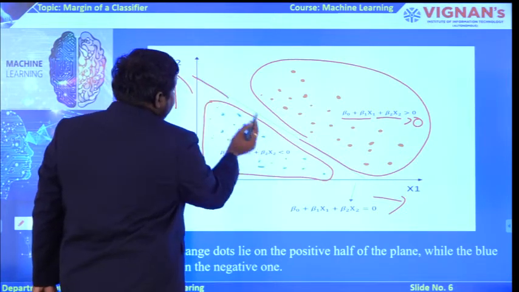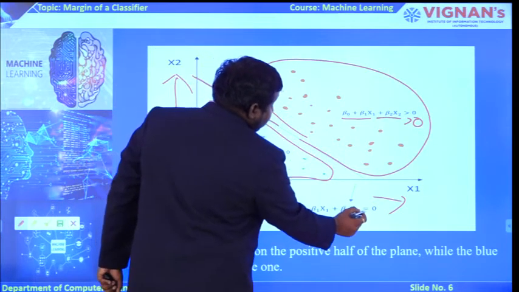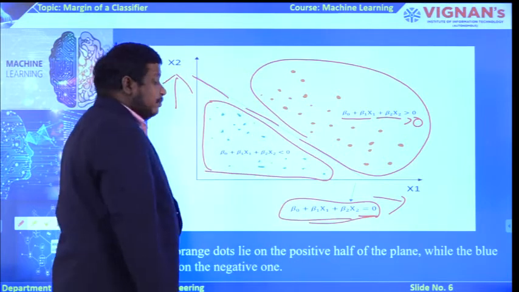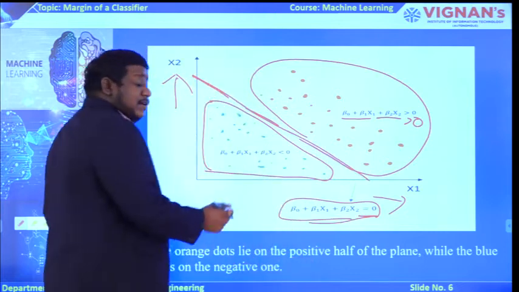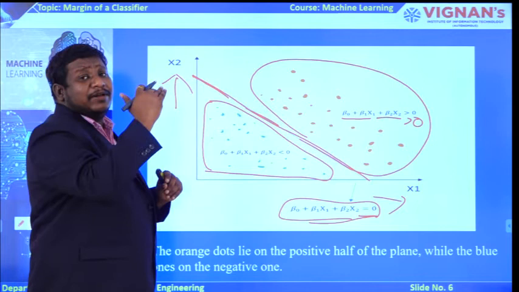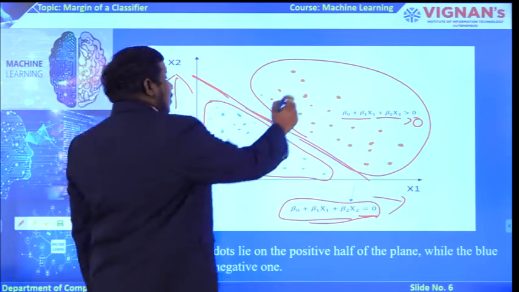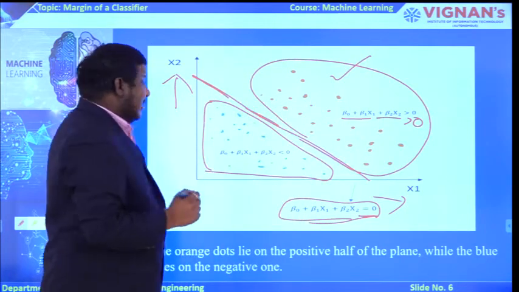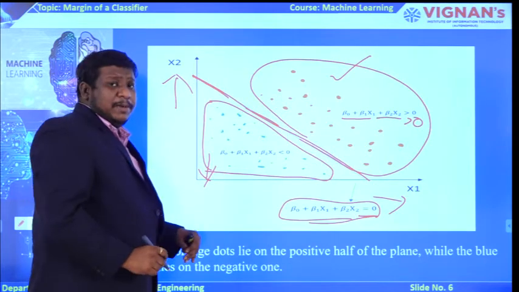Beta naught plus beta 1 x1 plus beta 2 x2 equals 0 is the basic hyperplane equation. With it, we separate the variables in two directions: values higher than 0 are considered upper values, and values less than 0 are the lower values, represented below the hyperplane.